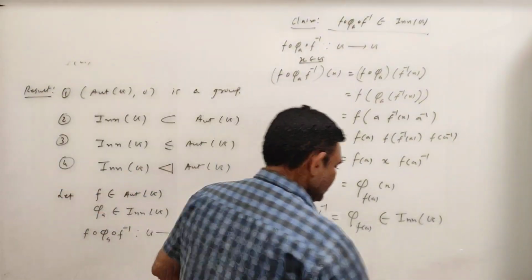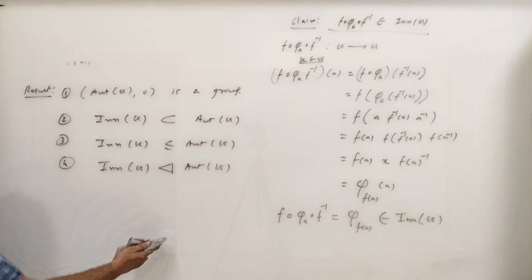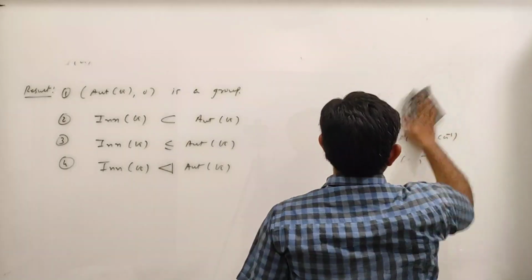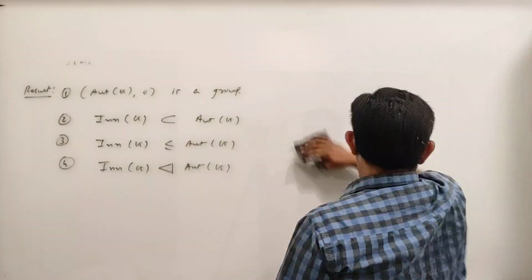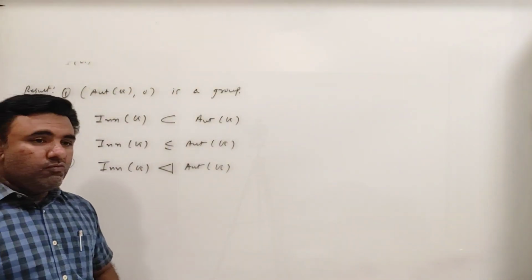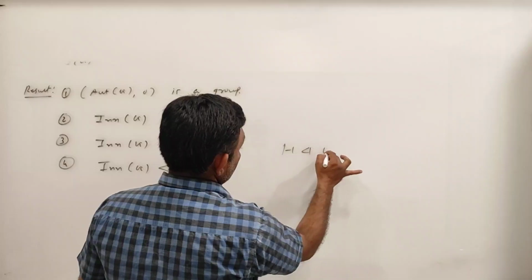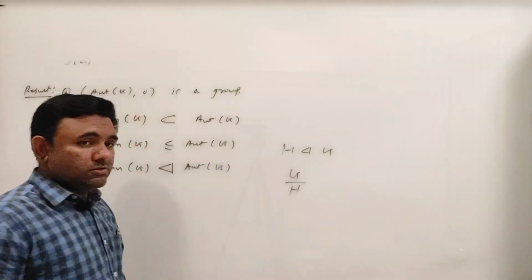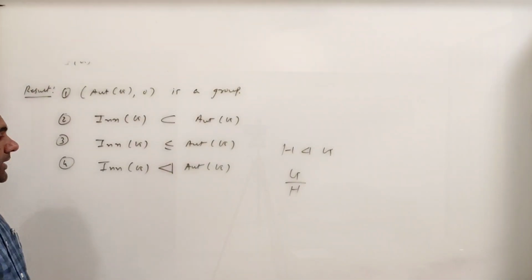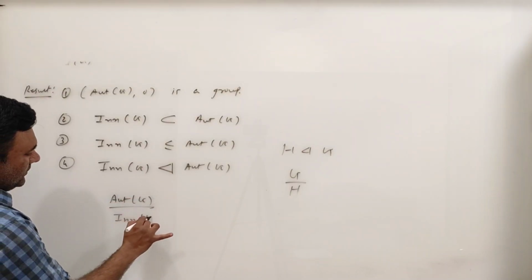See, whenever we have a normal subgroup, suppose H is a normal subgroup of G, then we always talk about G quotient H. So Inn G is a normal subgroup of Aut G. Then we have this natural question: what is Aut G quotient Inn G?